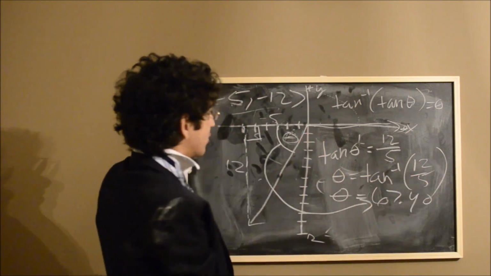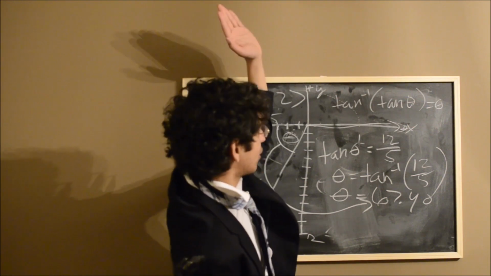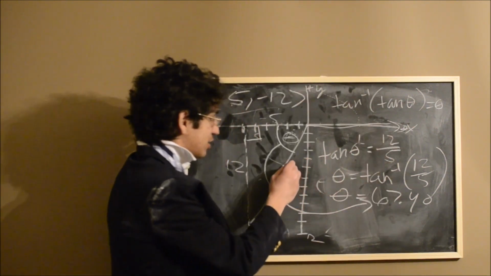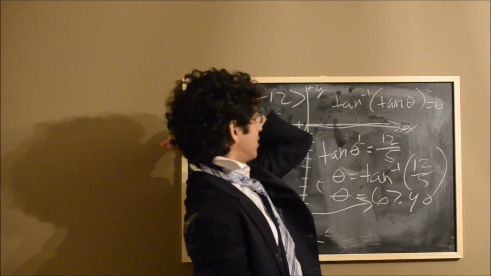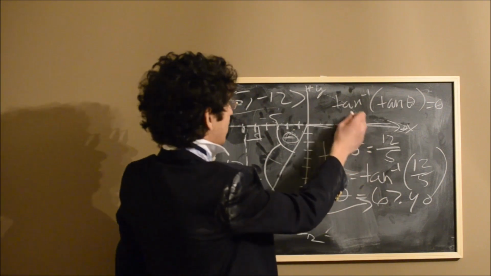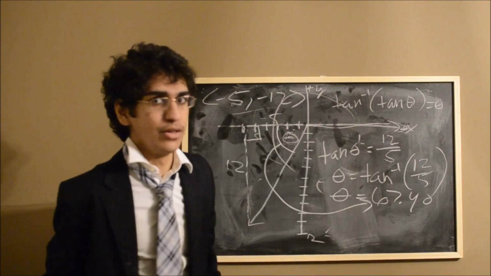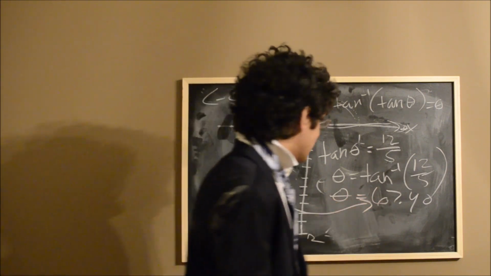In this case, the vector. So we start from the positive portion of the x-axis, rotate counterclockwise, and we eventually reach our vector. And that angle that we swung out in the process of swinging out to reach that vector is going to be the angle for that vector.